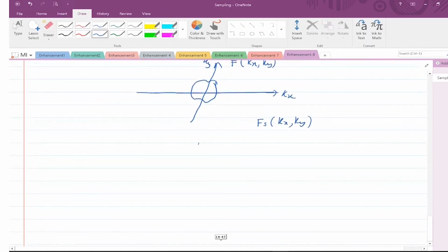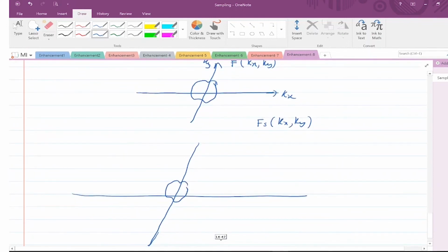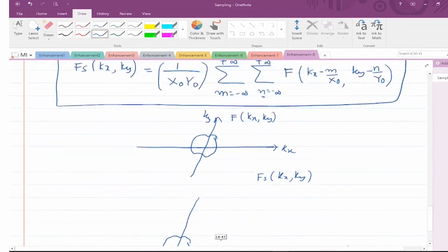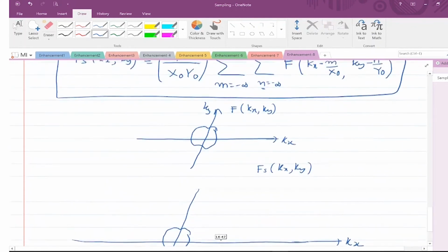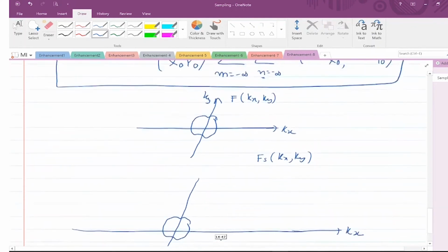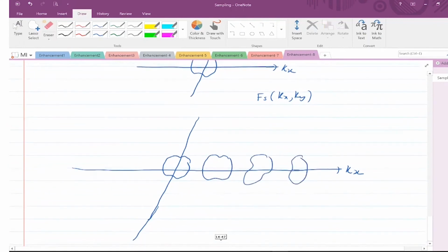How do you get that? When m and n are equal to 0, you have its copy placed at the same location as the earlier one. Then for example, you have m equal to 1, and then you have copies which are delayed in the x direction.